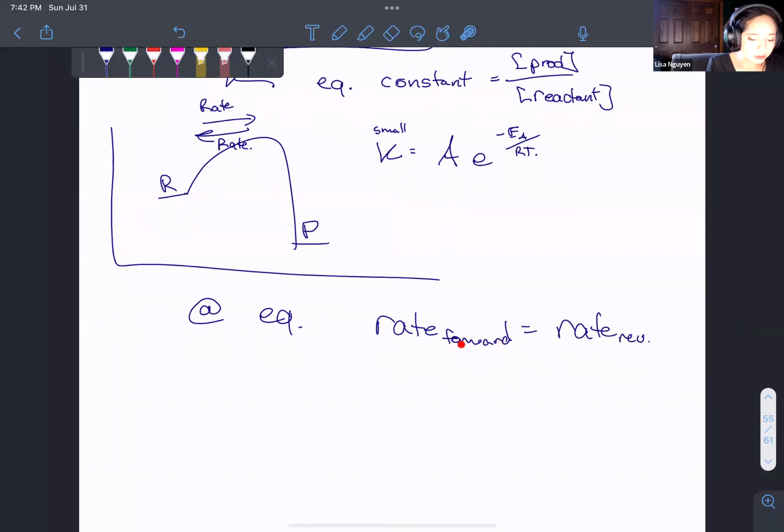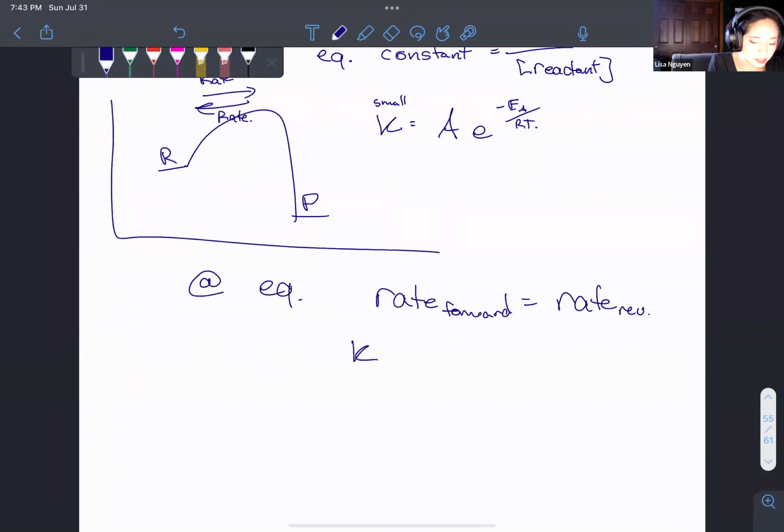We can actually write the rate law for these substances. When I write rate, it's not equal to k. The rate law is that the overall rate of the forward reaction equals k, some rate constant, times the concentrations of your species involved.